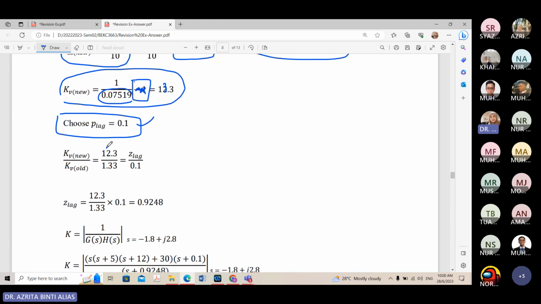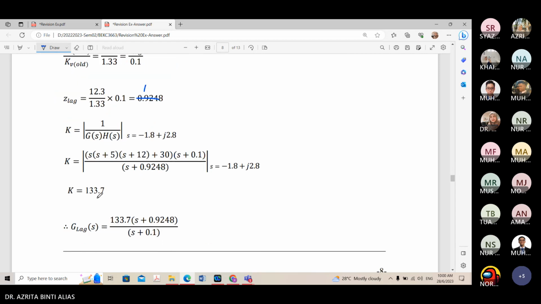So after that we can evaluate the Z lag. Because I made a mistake, there is a small error. 13.3 divided by 1.33 multiplied by 0.1, so the answer is equal to 1 for the Z lag.